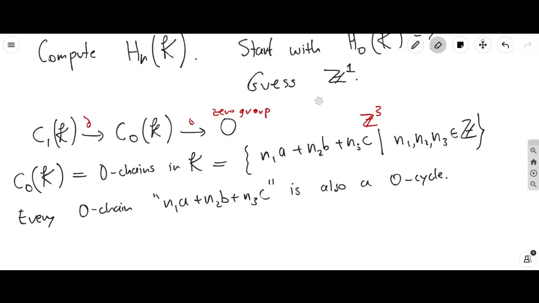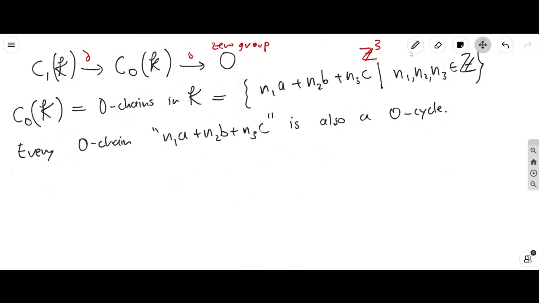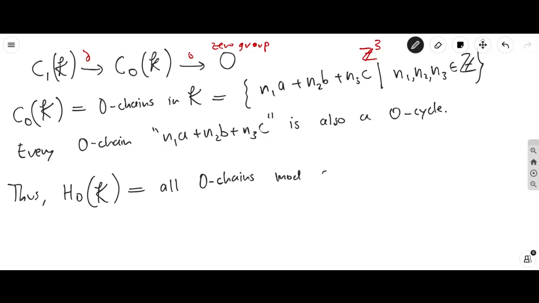And now the question comes up: we need to identify. So the zero homology group of this complex will consist of all 0 chains mod some relation. There's going to be some way of relating them together and saying they are the same.